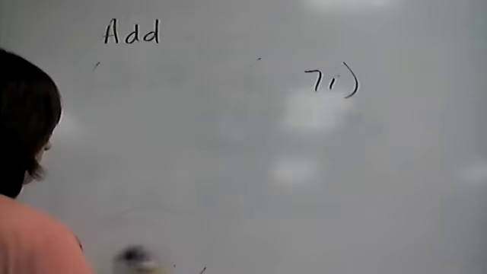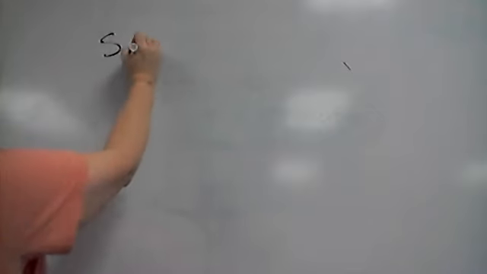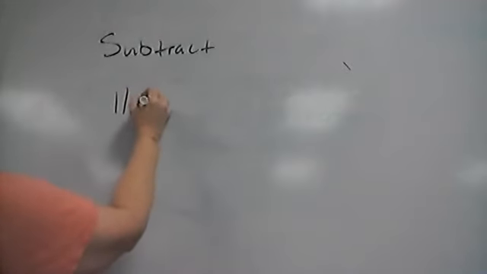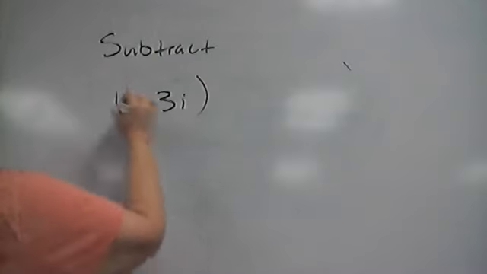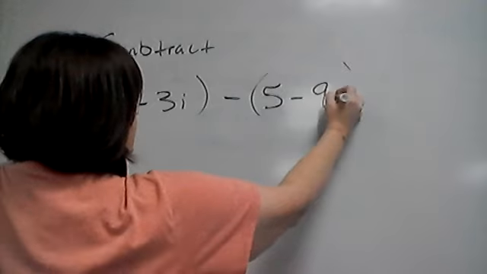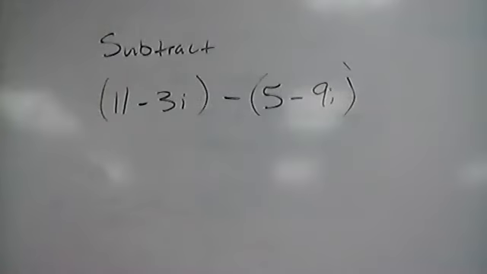All right, next thing we're going to do is subtract. Remember, subtract is add the opposite, so be careful with your signs. 11 minus 3i minus 5 minus 9i. All right, so we're going to do 11 minus 5, which is going to give me 6.